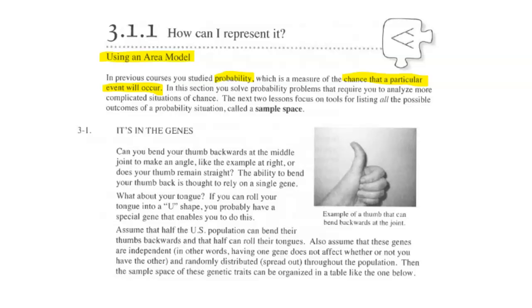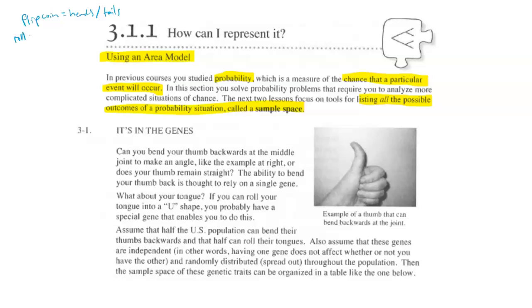We have something, you might see this eventually, called sample space. That is just listing all the possible outcomes of a particular situation. For instance, if I flip a coin, then my sample space is heads or tails, so I have two outcomes.